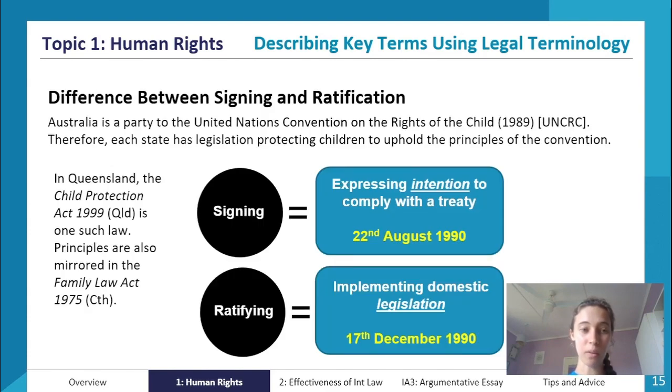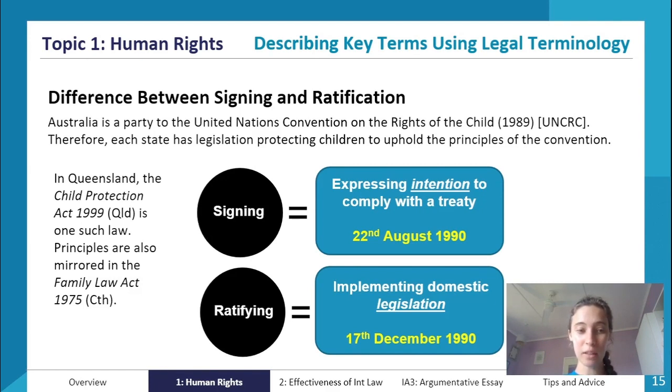A bit of an example as well. So, Australia is a party to the United Nations Convention on the Rights of the Child, which was made in 1989. And therefore, each state in Australia, so state meaning our normal sort of definition of state in this case, has legislation protecting children to uphold the principles of the convention.